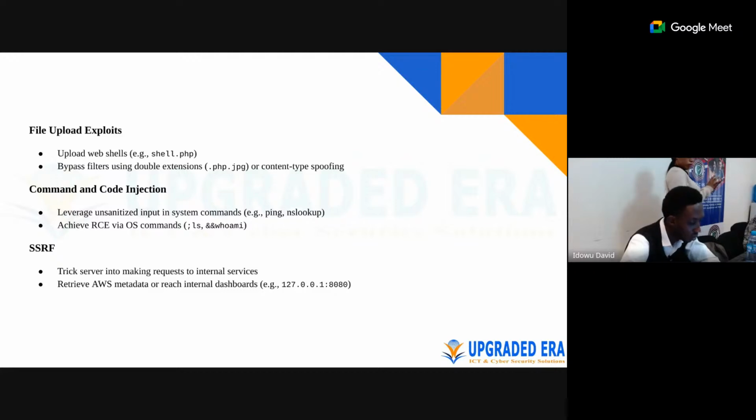Now, command and code execution. When you're trying to achieve this, you're trying to leverage unsanitized inputs and system commands, for example, pinging and the likes of it. So when you find an application that does not validate or sanitize the inputs in the system commands, you want to find how you can perform command execution, which most times can be used to spawn a shell via operating system commands.